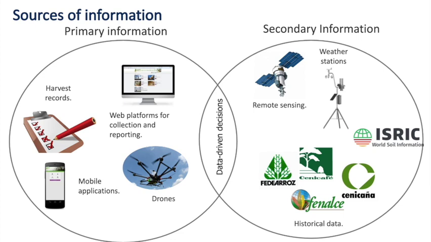This information is being collected, but not with a specific purpose in mind, because it could be for many different objectives. The same thing happens with the weather stations from the different national institutions that every country has. That's information that in the end is available there and can be also useful depending on what their traits are, to try and analyze the data for agriculture.